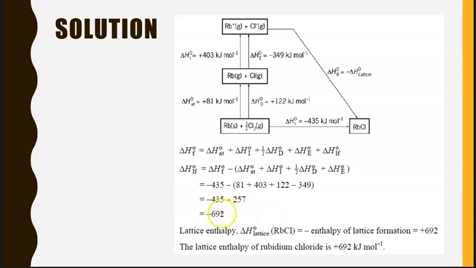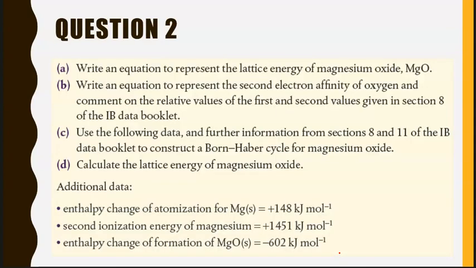Okay, but remembering that it has asked us for the enthalpy of lattice formation, so we need to change that to the endothermic process. So the final answer is that the lattice enthalpy of rubidium is going to be positive 692 kilojoules per mole. Okay, so let's have another question, have another go, come back and see what the solution is.